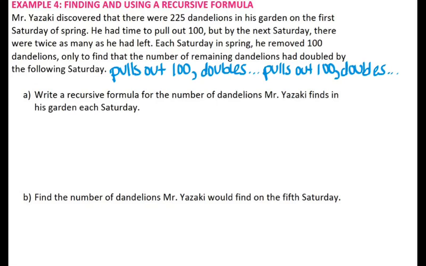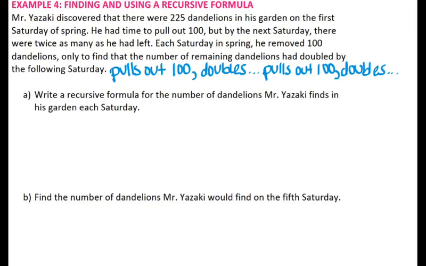So we are not solely adding the same number every single time, or multiplying by the same number every single time. It's a combination of both. He's pulling out 100 and then it's doubling. So our recursive formula for this is not going to follow what we had for arithmetic or geometric. It's going to be its own formula that matches this pattern.